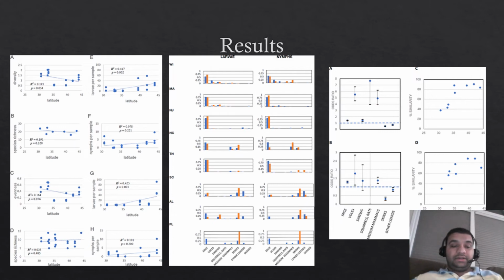Figure 4 is the latitudinal trends and tick host associations. So you have odds ratio similarity between latitudes, and they use 95% confidence limits, and they perform statistical significance tests like they did in the other two panels as well.